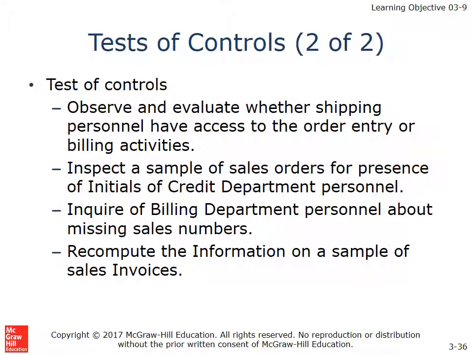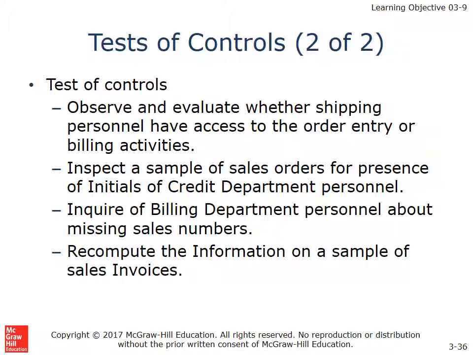Now, that's what happens. We feel it's a good internal control. Let's observe and evaluate whether shipping personnel have access to the order entry or billing activities. If they do, then it's failed as an internal control. We can't rely on it. We should inspect a sample of the sales orders to see, is there a presence of initials from the credit department personnel saying it's okay for us to sell to them?